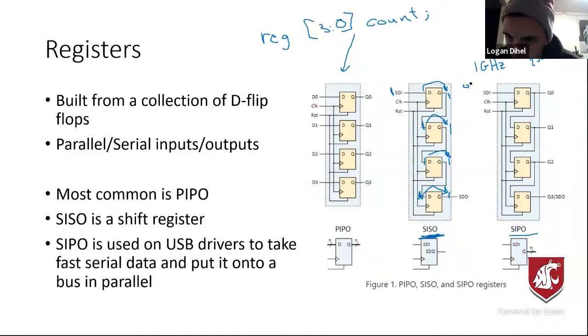So if it was a 0, 1, 0, 0 across 4 clock cycles, then we'll have a 0, I guess, yeah. If this is time 3 and this one's time 0, so time 0 happens first, like a 0, 0, 1, 0. And then we could output this on the bus all at the same time. So that's the purpose of that one.